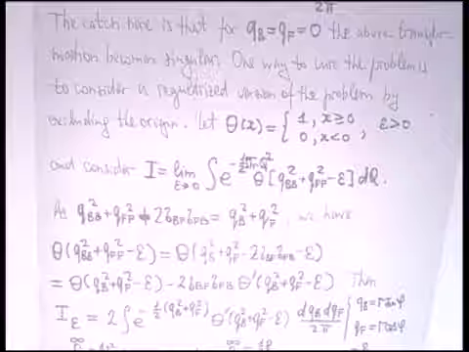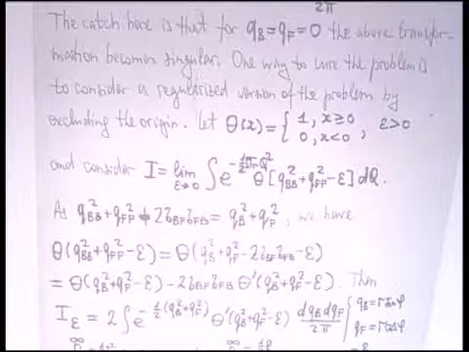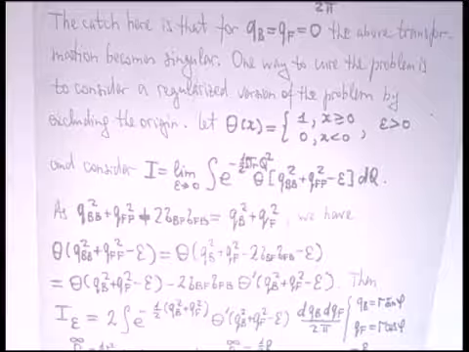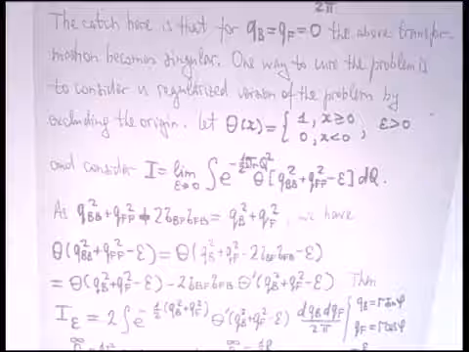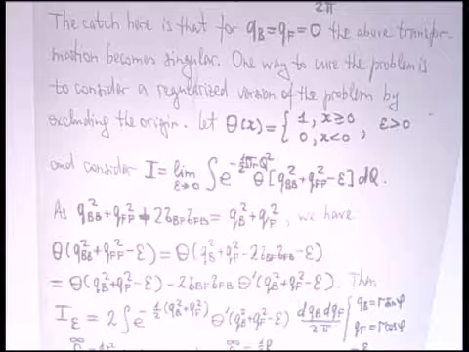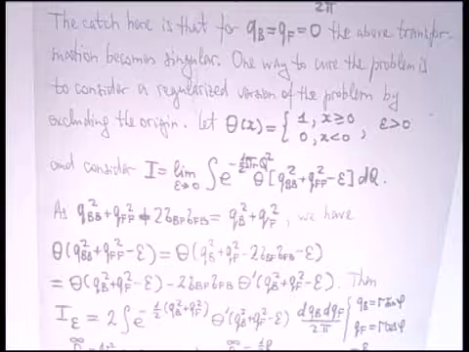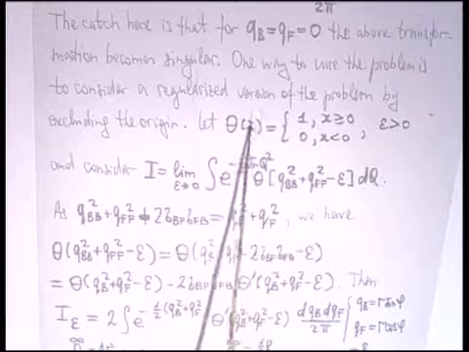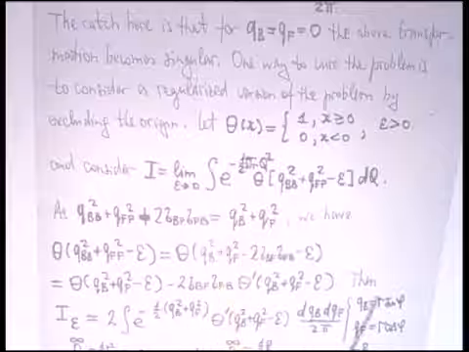So let us see what's really happening here. We now understood that the problem arises due to this singularity. So let us try to exclude this singularity just by, say, considering a small ball around this origin and calculating our integral over the domain without this ball and then letting the radius of this ball tend to 0. Just consider the following step function, a generalized function, which is 1 when its argument is positive and 0 when it's negative.